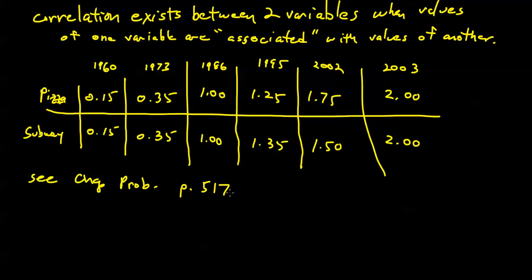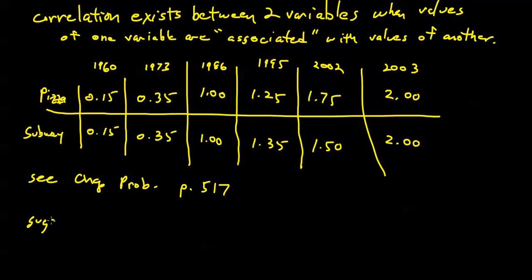Alright, so in these paired data values of pizza and subway cost from years 1960 to 2003, well, I think we can infer from this sample of paired data that there is an association between these two variables, pizza cost and subway fare. I might suggest that there is a positive correlation between these two variables.